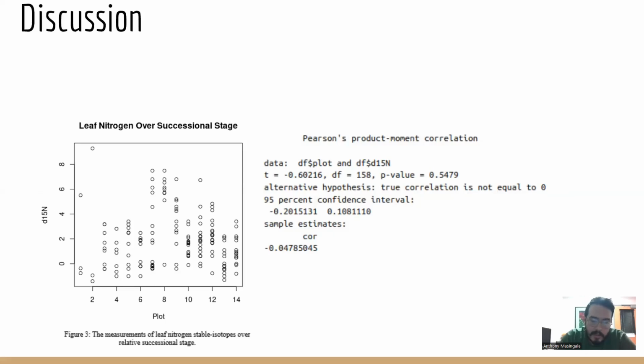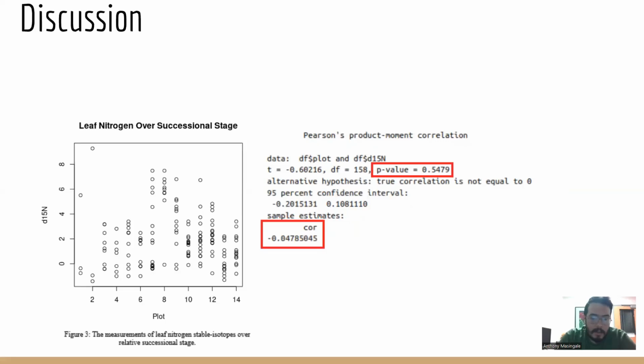Unfortunately, there was no association between leaf nitrogen stable isotope measurements and relative successional stage. The assumption was that as succession continues, there would be an increase of nitrogen stable isotope leaf measurements, followed by a general plateau as bacterial communities grow and then are outcompeted by fungal communities.